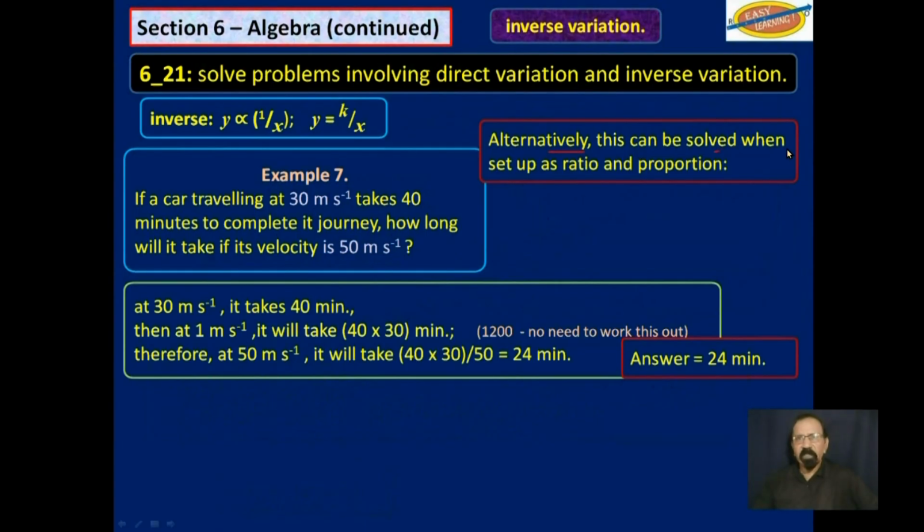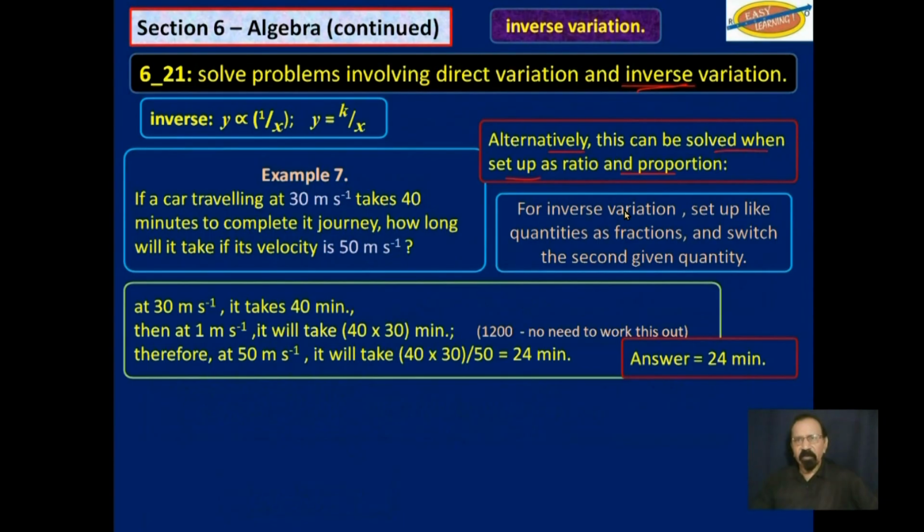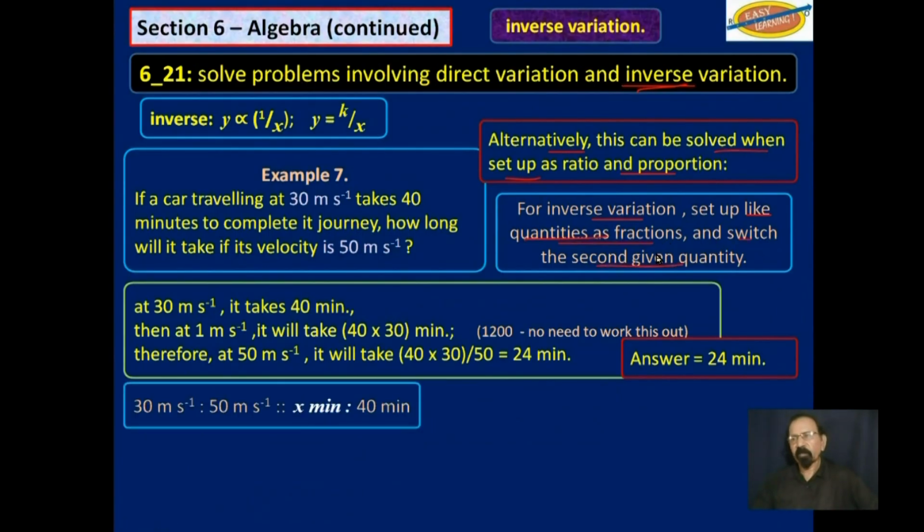Alternatively, this can be solved when set up as ratio and proportion, but remember this is inverse, not direct. For inverse variation, set up like quantities as fractions and switch the second given quantity around.